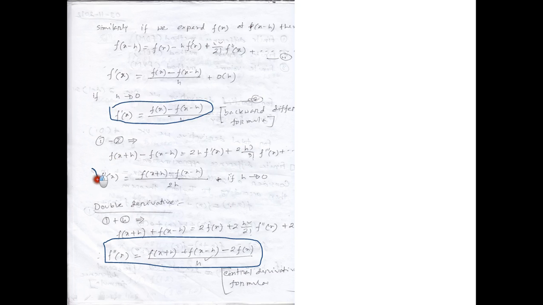This is one equation and this is another equation, and we have the other equations on the previous slide. This is for the second order derivative, and this is for the first order derivative. Generally for the first order derivative we use the central difference formula, because it approximates better results.